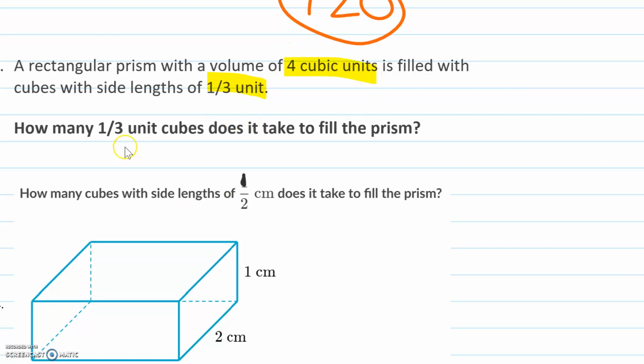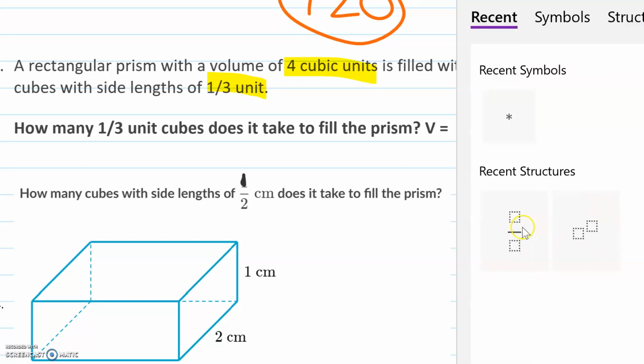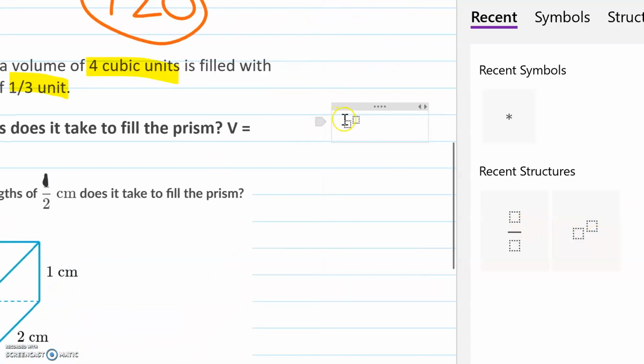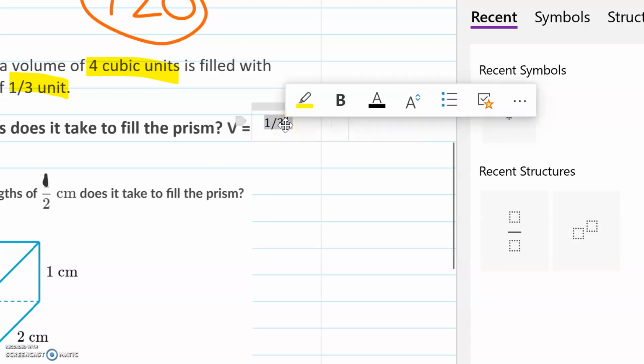Again, for a unit cube, to find the volume first, you're going to take 1/3 and multiply it times itself 3 times, which really is the same thing as saying 1/3 to the 3rd power.